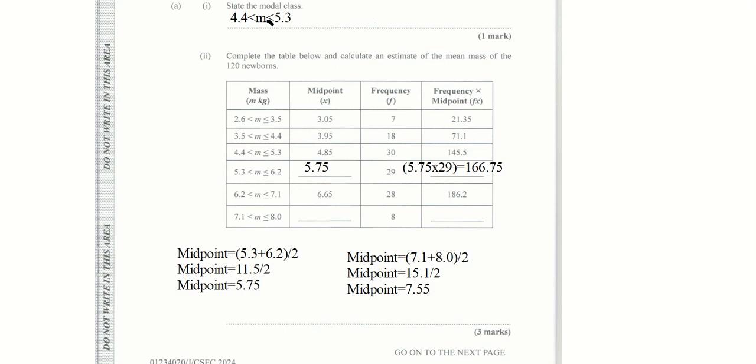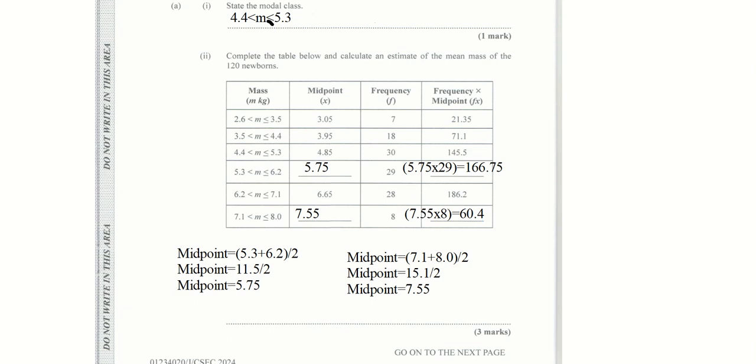So therefore your midpoint here is 7.55. Just fix this up a little bit. Right. Then we want the f of x, which is frequency of 7.55 multiplied by 8 is equal to 60.4. And same thing, let's make this a little bit bigger so we could get the answer. So that would be the answer for your frequency.